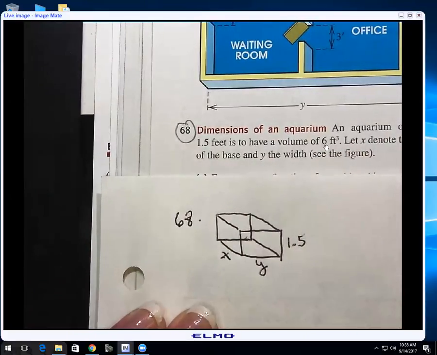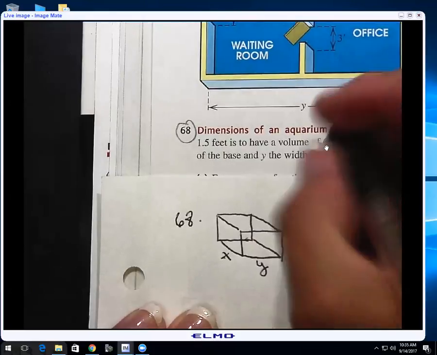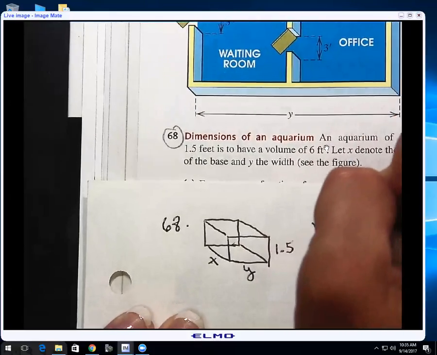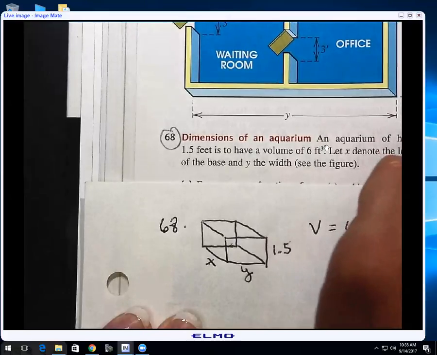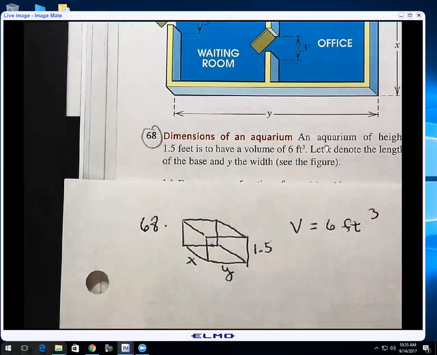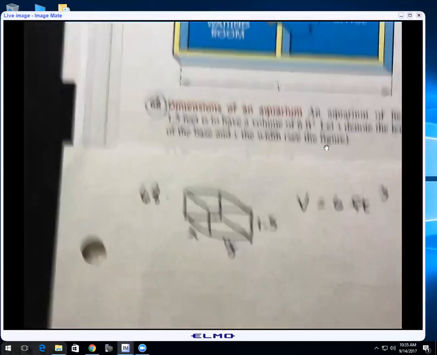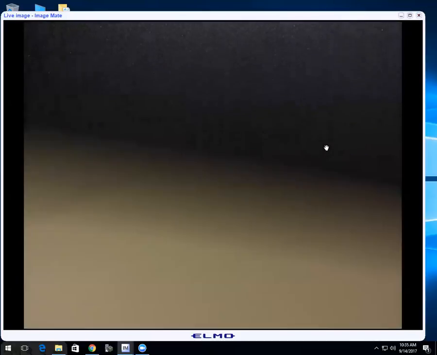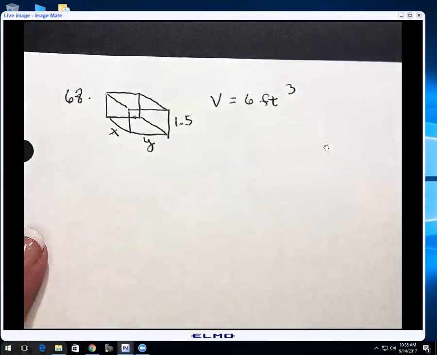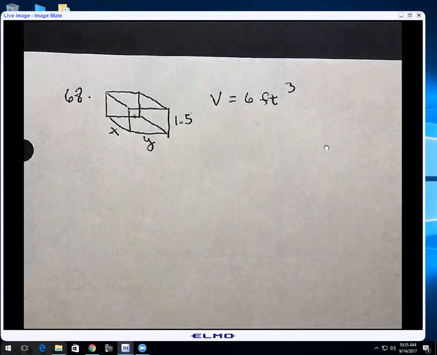And the only other number I'm given is that the volume equals 6 cubic feet. So that's everything I know about that aquarium. And I want to find an equation that expresses the width as a function of the length.